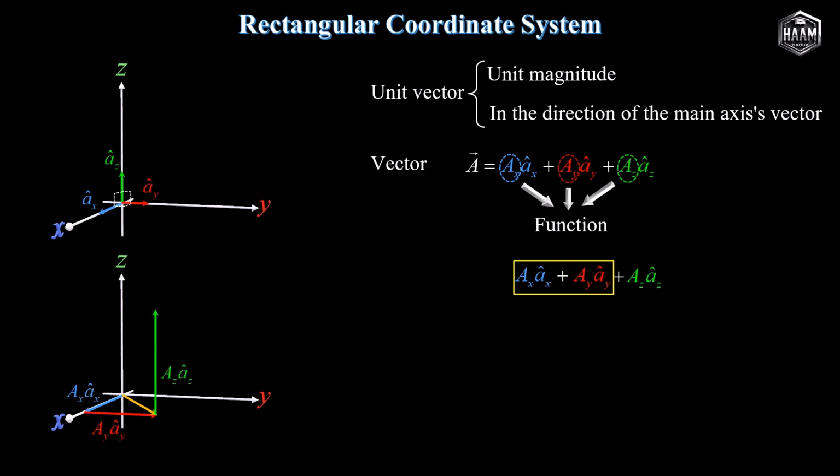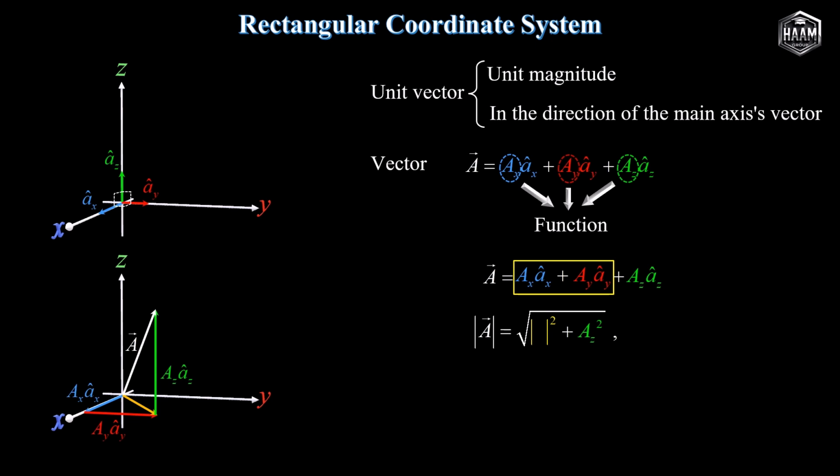Here we have assumed it to be positive. We then connect the origin to this final point to form vector A, shown here in white. The magnitude of A can be obtained using the Pythagorean relation, since a right triangle is formed here.